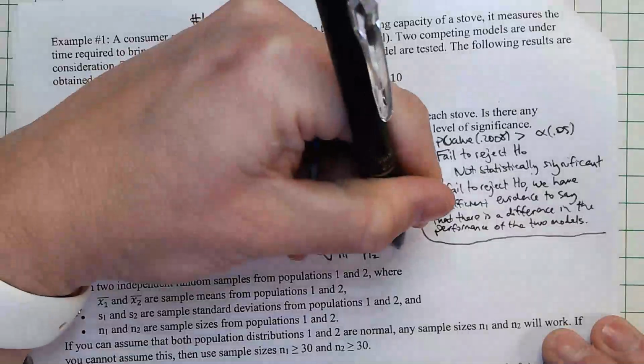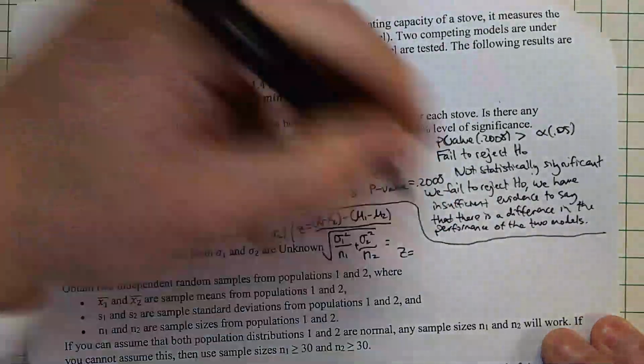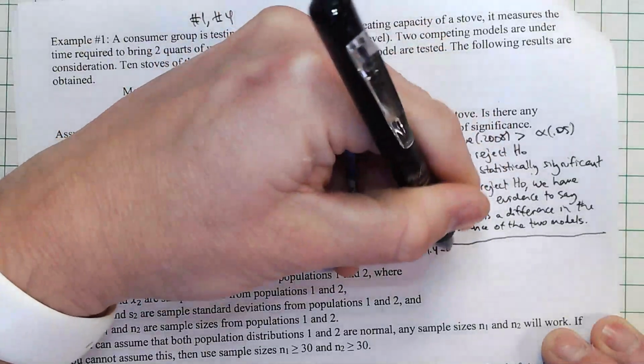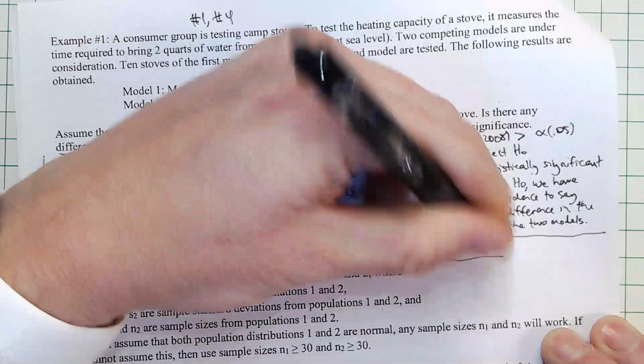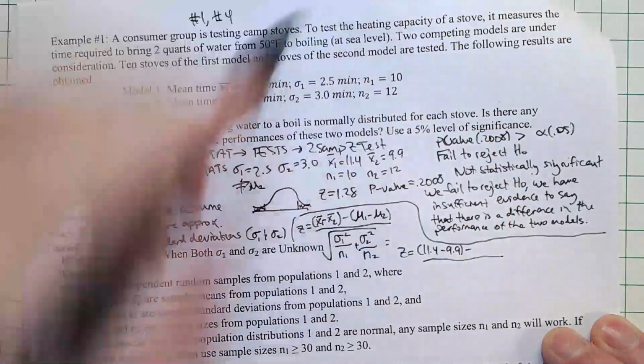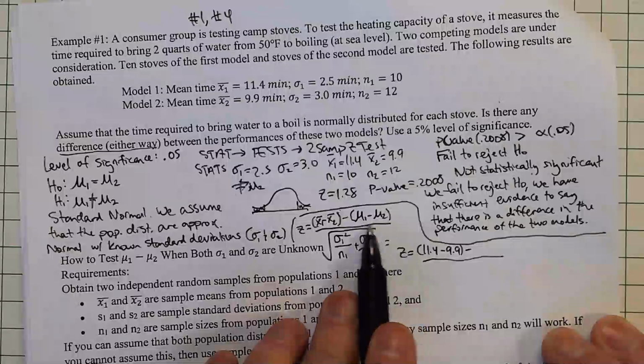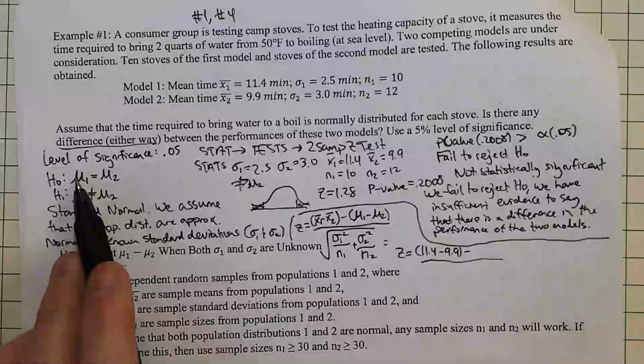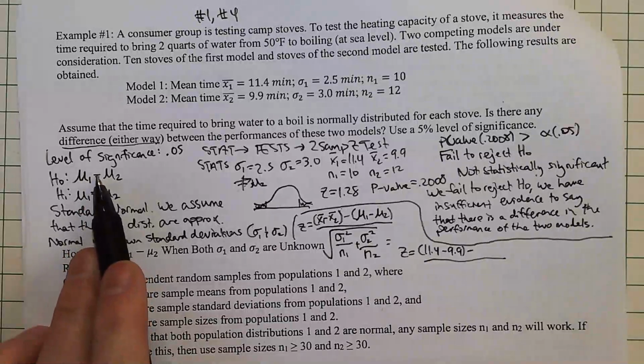So that's equal to x bar 1 minus x bar 2. So it's 11.4 minus 9.9 minus, now the difference between the two, the hypothesized mean, the difference between the true means. Now let's talk about this. I'm assuming that they're equal. So if I'm assuming they're equal, what's their difference? There is no difference.